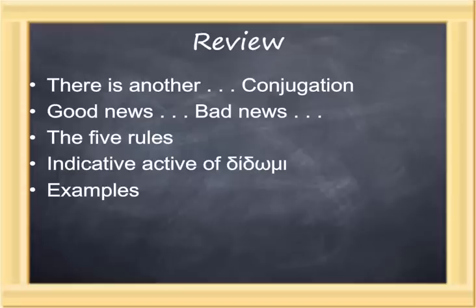Rule 2, no connecting vowels in the present. Rule 3, three new personal endings, mi, si, and asi. Rule 4, the stem vowel can do crazy things. Rule 5, kappa alpha aorists in most cases. By memorizing these five rules, most forms can be identified and translated.